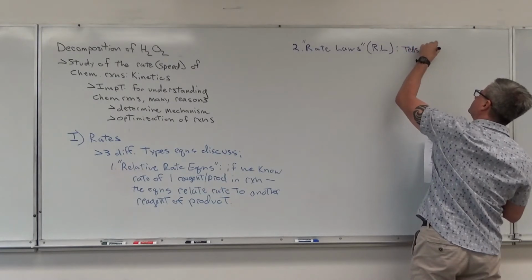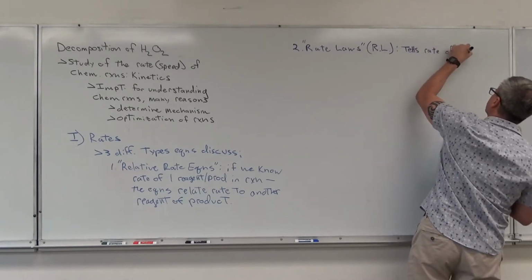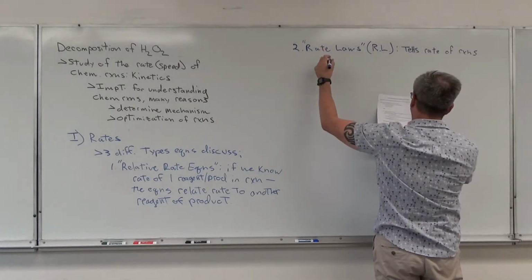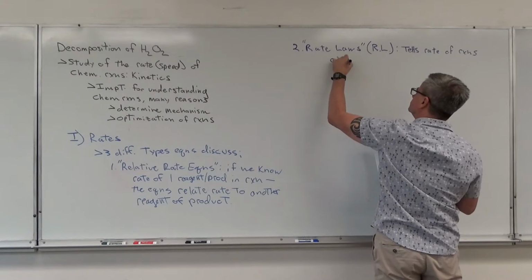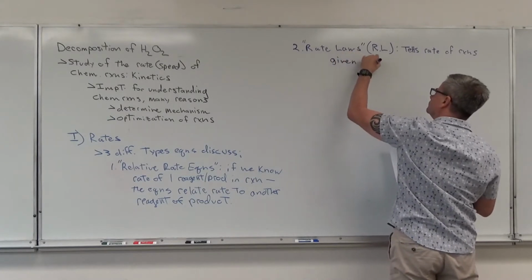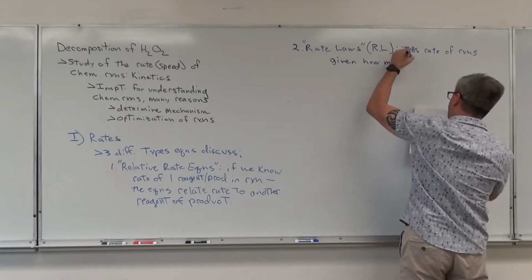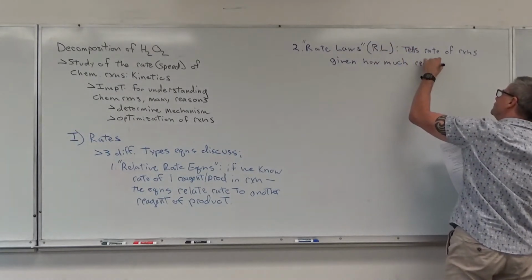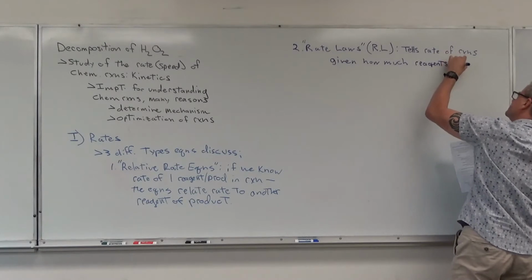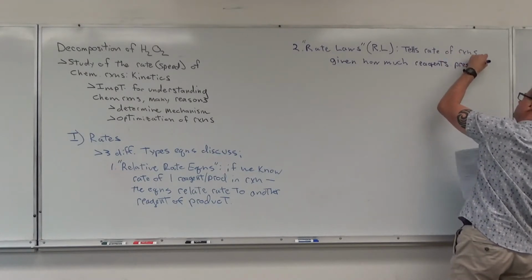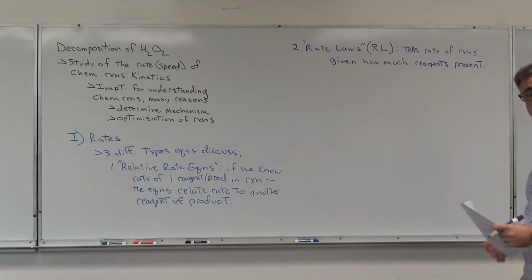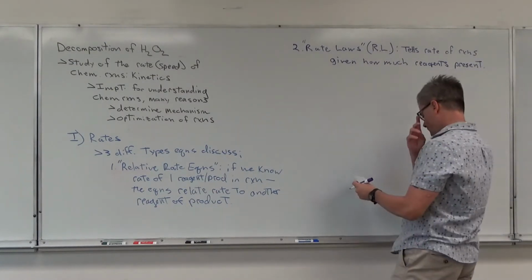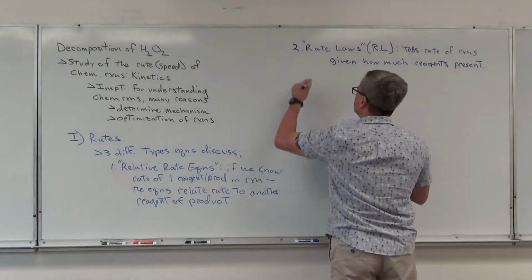A rate law tells the rate of reaction given how much reagents are present or left. It could be at the very beginning that you're talking about, or it could be after the reaction's gone for a while.